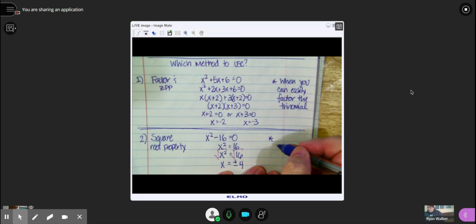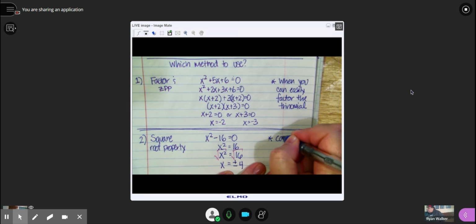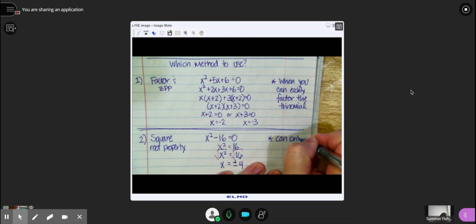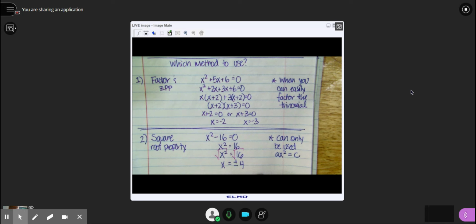This one can only be used for something like ax squared is equal to c. Right? This doesn't work if I have a middle term.